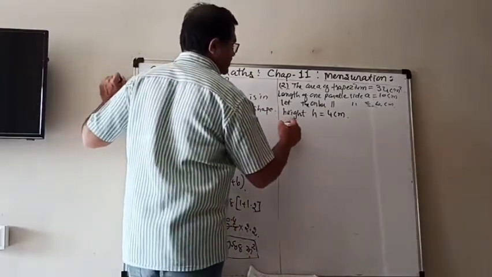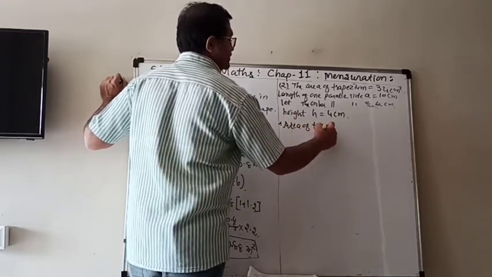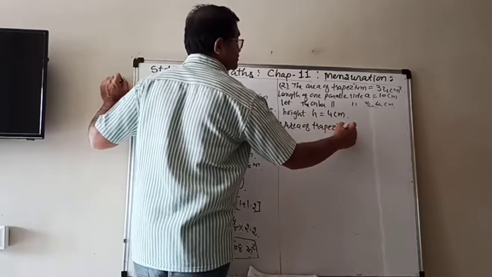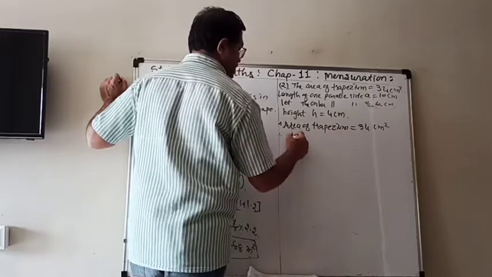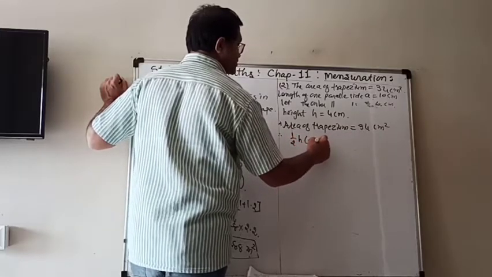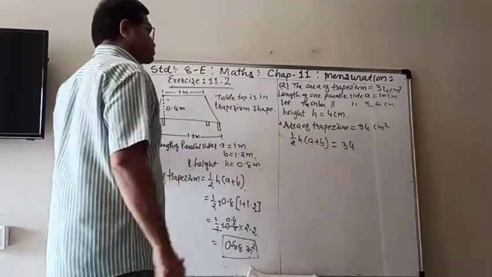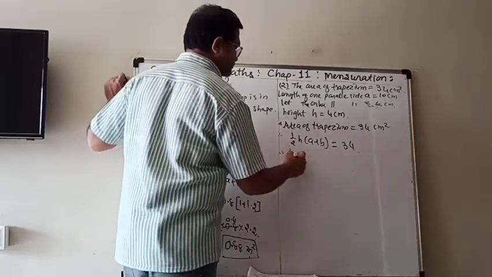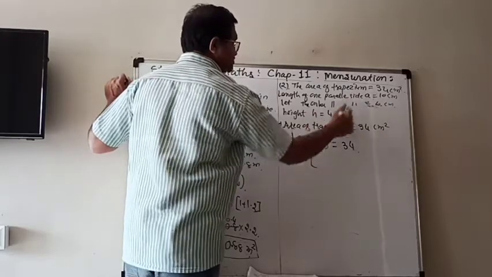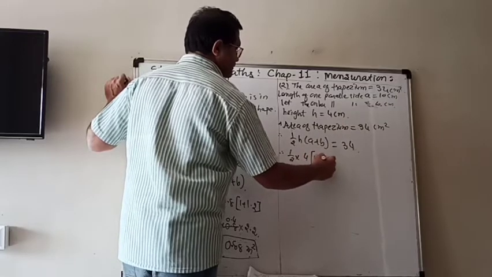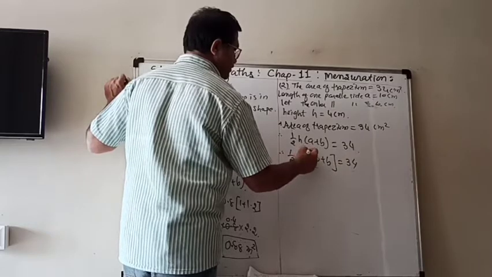Now we have to find the other parallel side. We are given that the area of the trapezium is 34 centimeters square. Therefore, half h into a plus b is equal to 34. So half, h is 4, a is 10, plus b is equal to 34. 2 twos are 4.